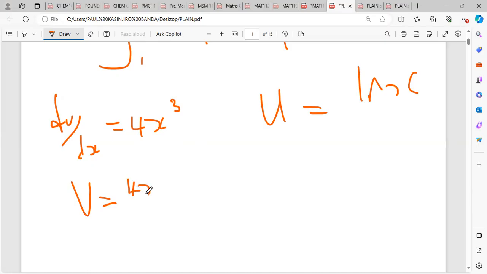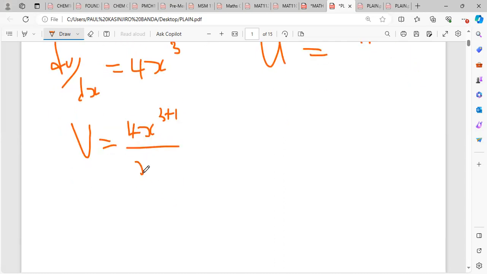So I have 4x to the power 3, increase it by 1, then divide by the new power, which is 3 plus 1. So I have 4 there, and x to the power 4. Then 4 divided by 4 will just cancel. So what I'll have is just x to the power 4 as my v.